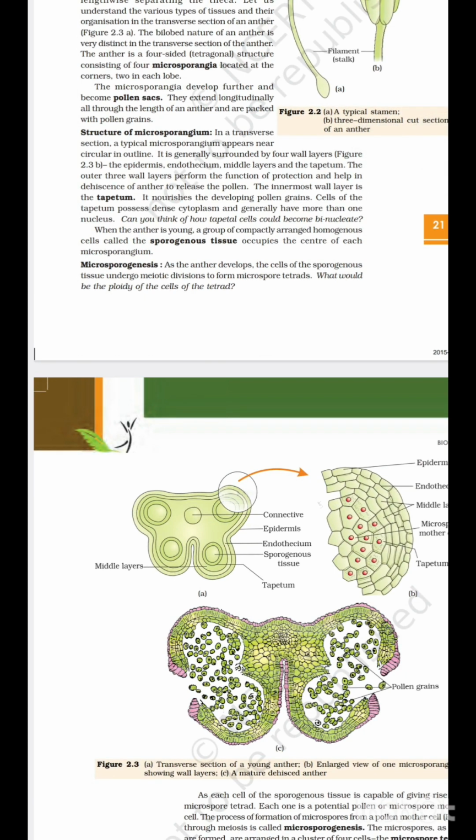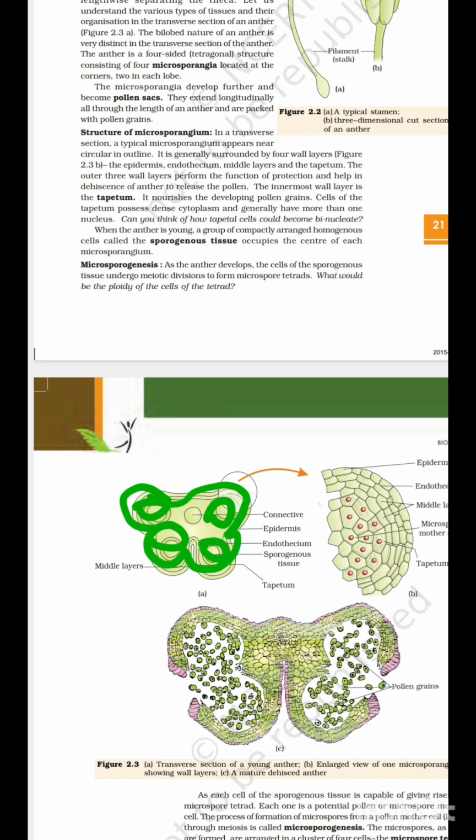The bilobed nature of the anther is very distinct in a transverse section. The anther is four-sided, a tetragonal structure, consisting of four microsporangia located at the corners, two in each lobe.